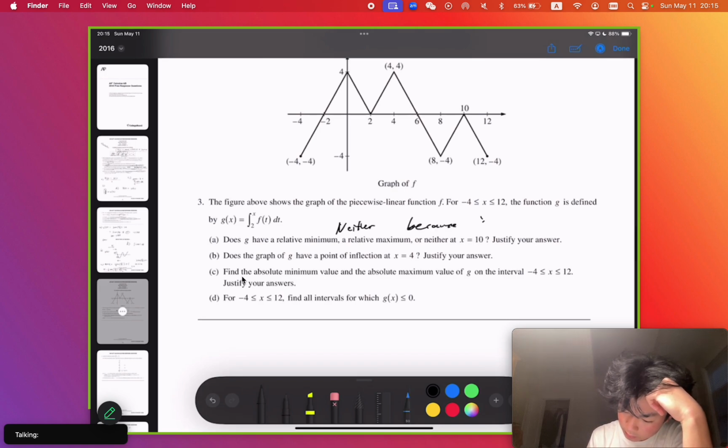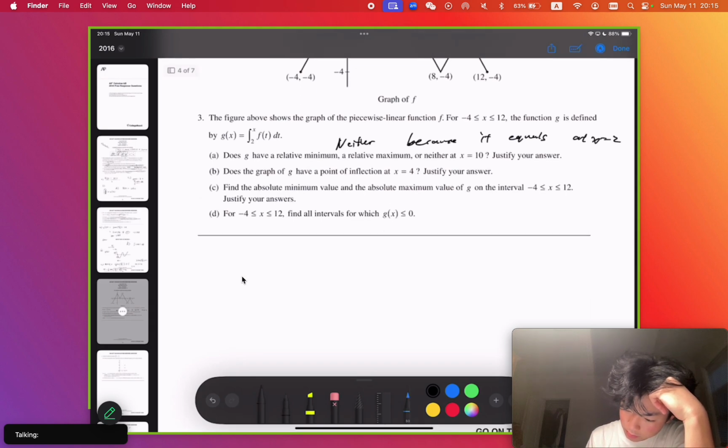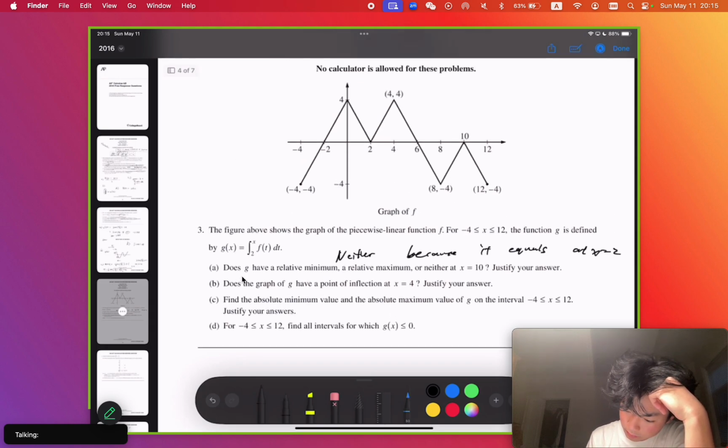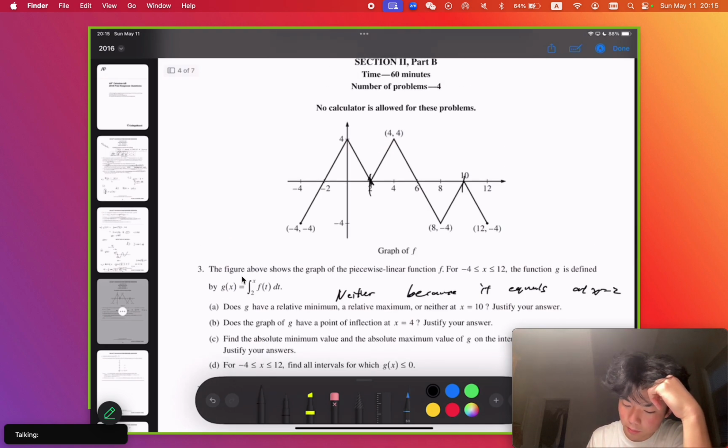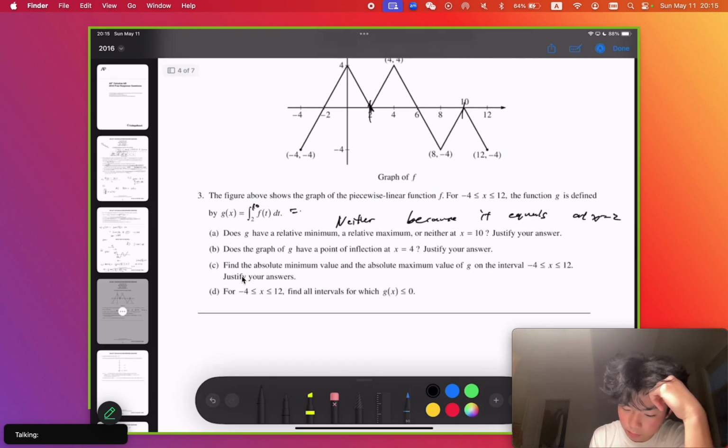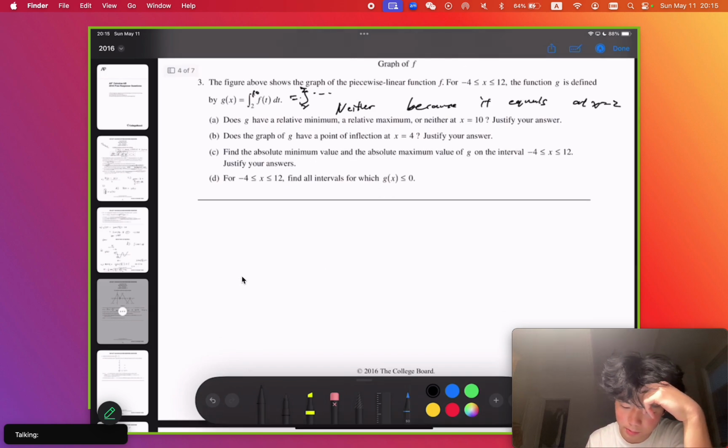For me, I would just say from here to here it equals 0. At here it equals 0. That's it. So this equals this of the function, so it doesn't represent anything.